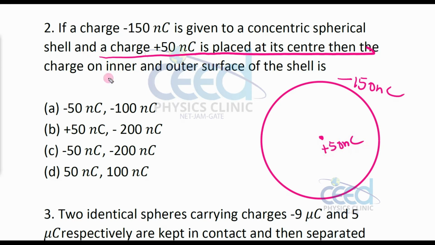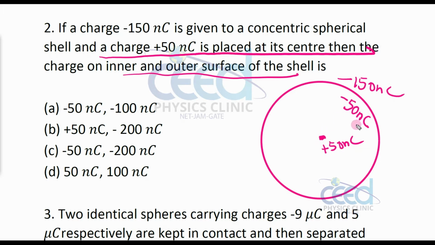Now we need to find the charge on the inner and outer surface of the shell. If there is a charge of plus 50 nanocoulomb at the center, which is positive, then on the inner surface opposite charges are induced. We have already seen this in charging by induction. Its near face induces negative charge.